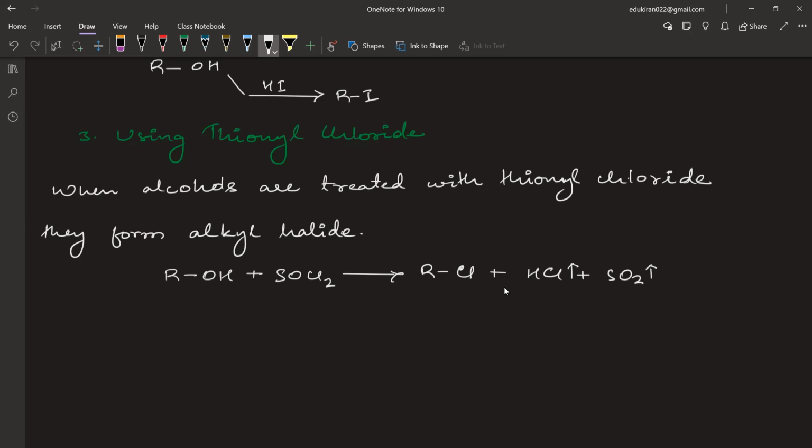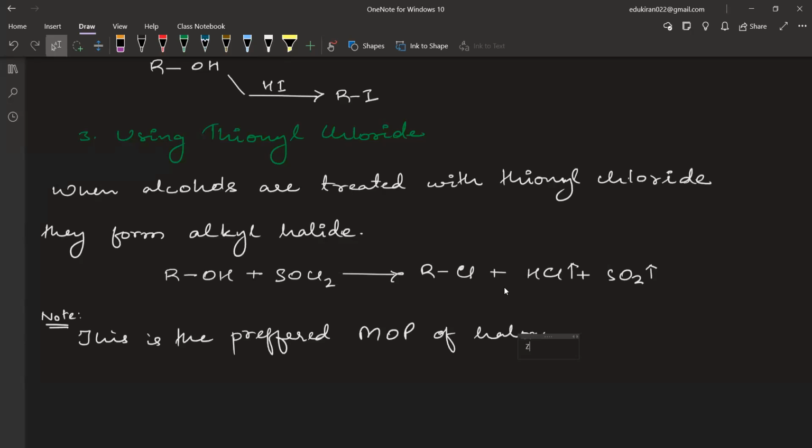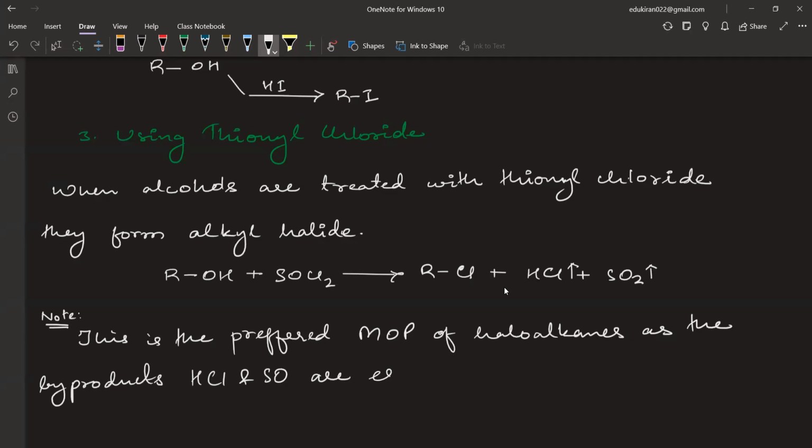Write a note here. This is the preferred method of preparation, MOP, of haloalkanes, as the byproducts HCl and SO2 are escapable gases.